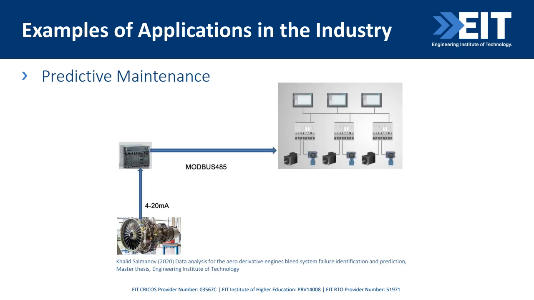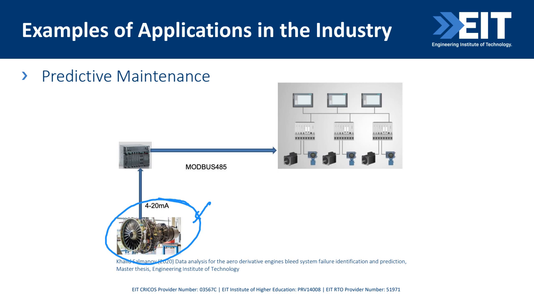This is a case that was done, as I mentioned at the beginning, at EIT in a master's program, a master's thesis. So the idea is there are motors here. These aero engines have a type of failure that's difficult to detect unless you open up the engine.